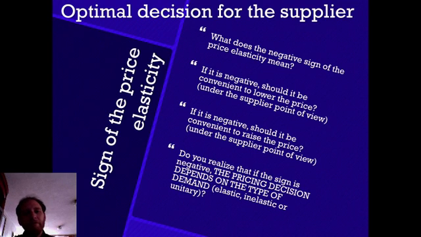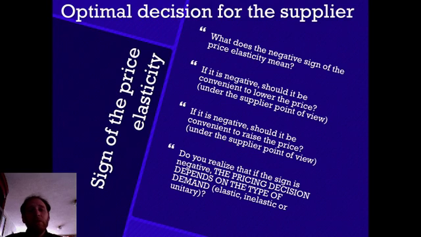So do you realize that if the sign is negative, the pricing decision depends on how sensitive the demand is? For example, it could be elastic, inelastic, or unitary. If the demand is elastic, very sensitive, it won't be convenient to increase the price, because if you increase the price, let's say 1%, you will lose in units maybe 10%.